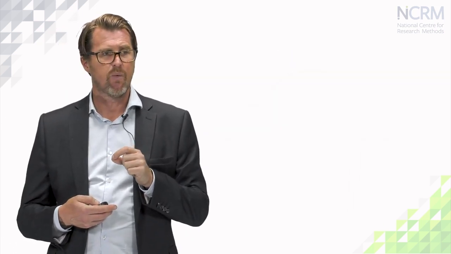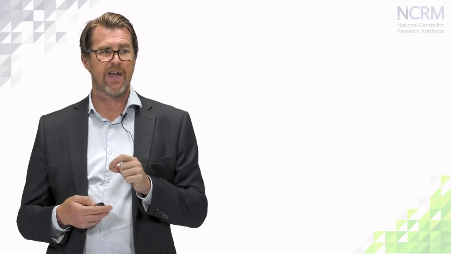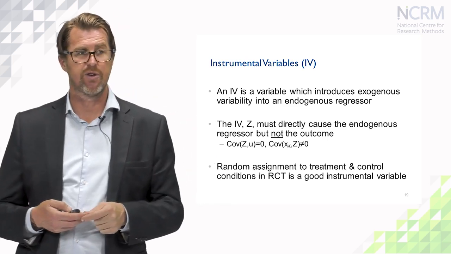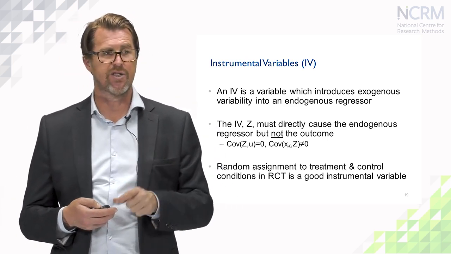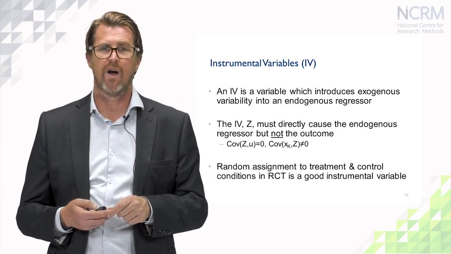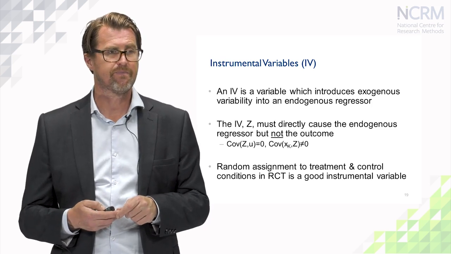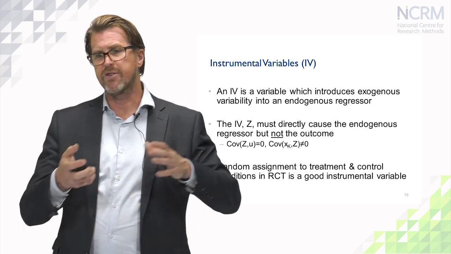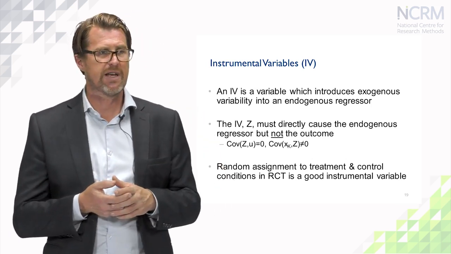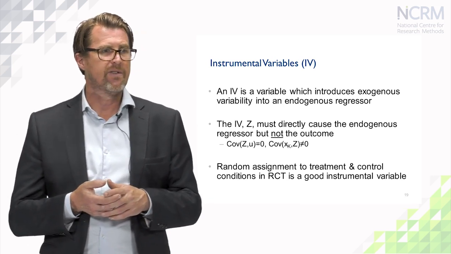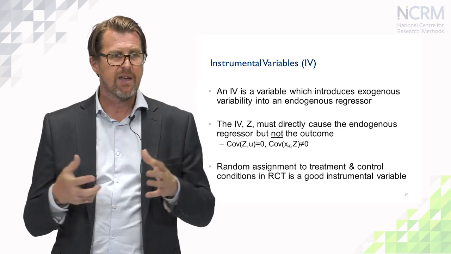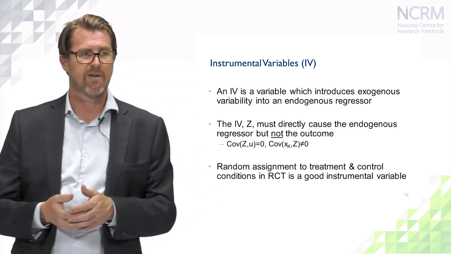So when we have this kind of situation, we need an instrumental variable for x1 if we want to be able to interpret the beta coefficient as the causal effect of x1 on y1. So an instrumental variable is a variable that's going to deal with this endogenous regressor problem, and it does this by introducing exogenous variability into the endogenous regressor.